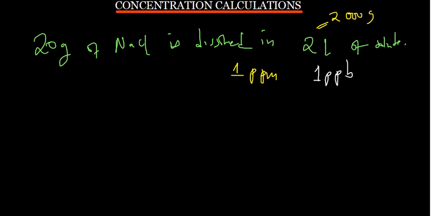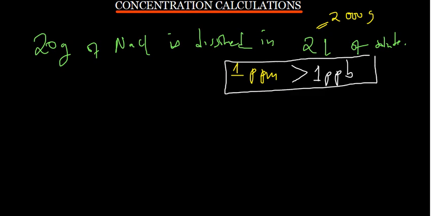So 1 part per million is a more concentrated solution than 1 part per billion. The reason is simple. A billion means the denominator is much bigger. In other words, you have got 1 part in a billion of the solution. Now here you have got 1 part in a million of a solution. So a million is smaller than a billion.